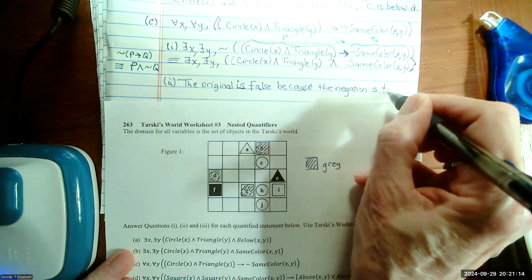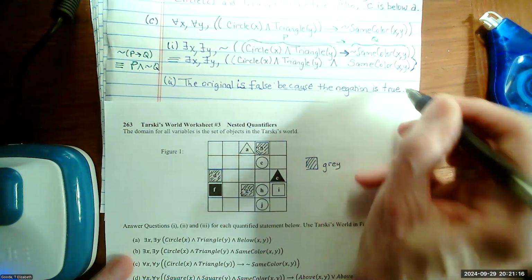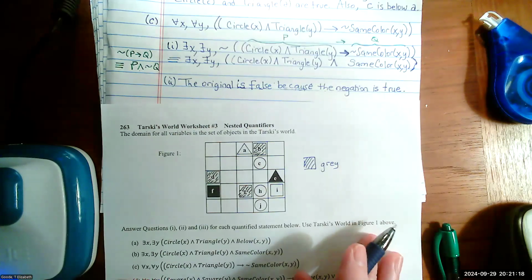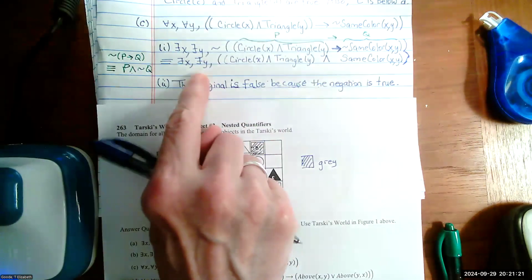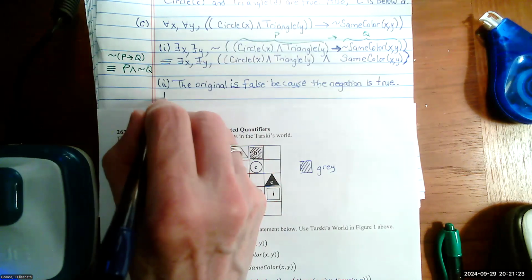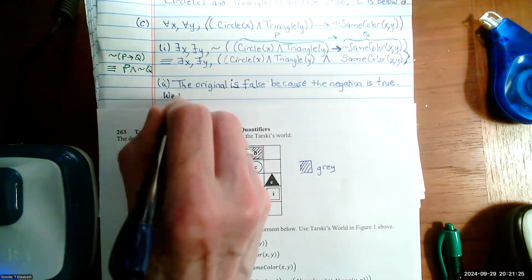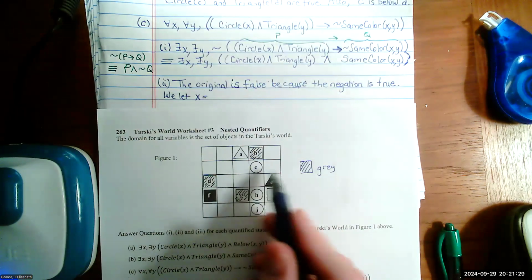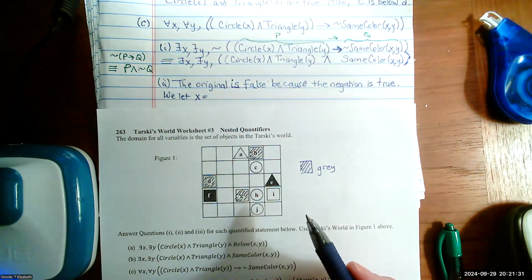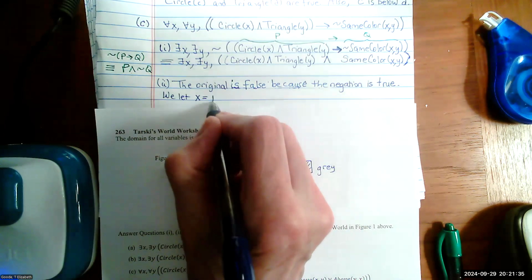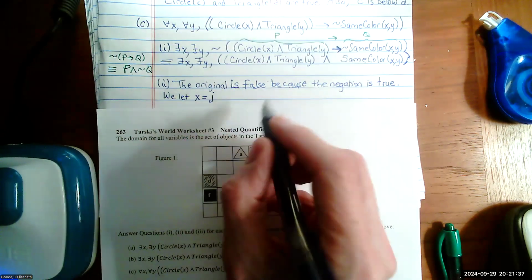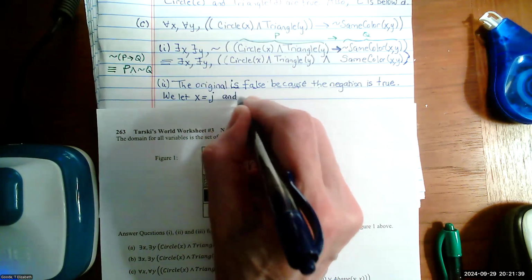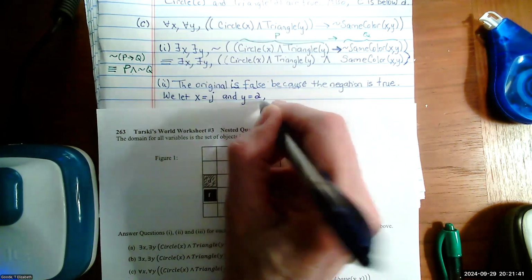Okay, Eli, I see your chat. And now we verify that the negation is true. X has to be the circle, so C or H or J, which one do you want to use? It doesn't matter. We can use J. If we let X equal J, and Y equal A.